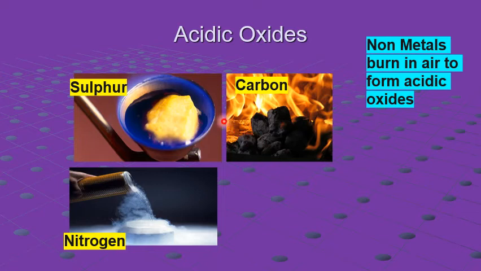Sulfur plus oxygen gives us sulfur dioxide. Carbon plus oxygen gives us carbon dioxide, and nitrogen plus oxygen gives us nitrogen dioxide. These are all examples of acidic oxides because they are non-metals, and when they burn in the air, they form acidic oxides.